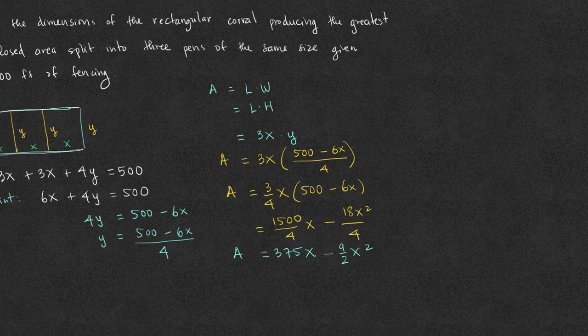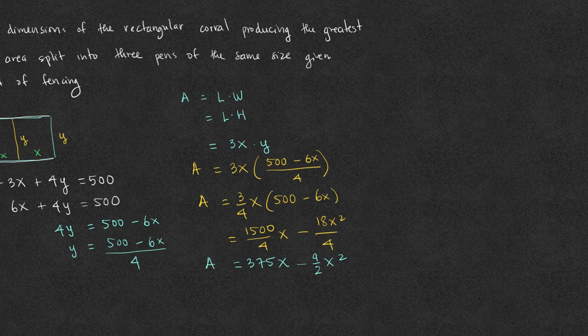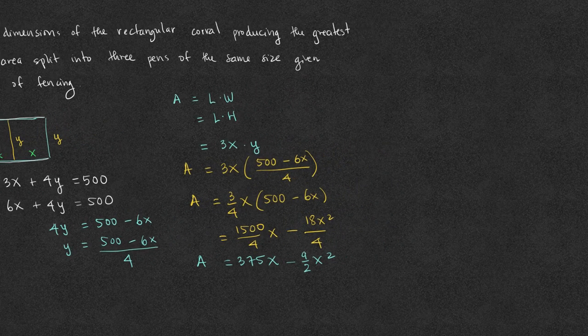To find the largest area is to find the maximum of this function. And we don't really need to do much, because we know that this parabola has the coefficient a equals negative 9 over 2, and b equals 375, c equals 0.